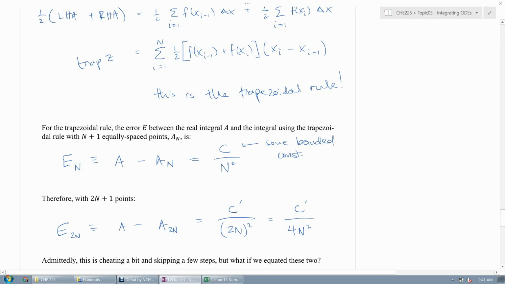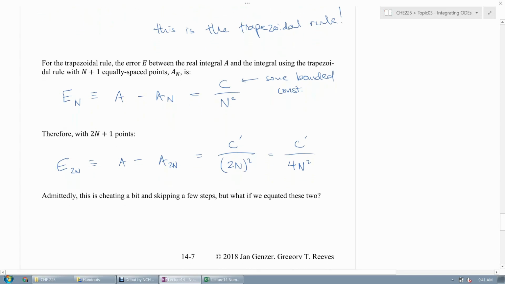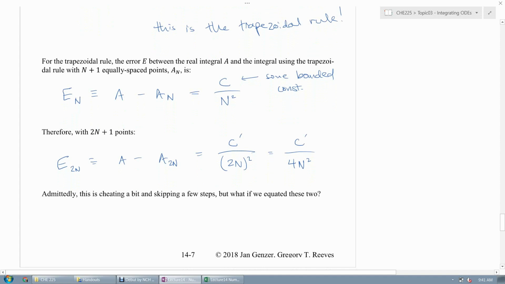Now, this is cheating a little bit, but what happens if we equated the two constants here?